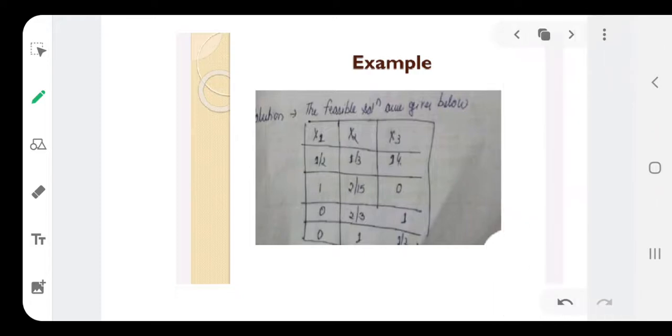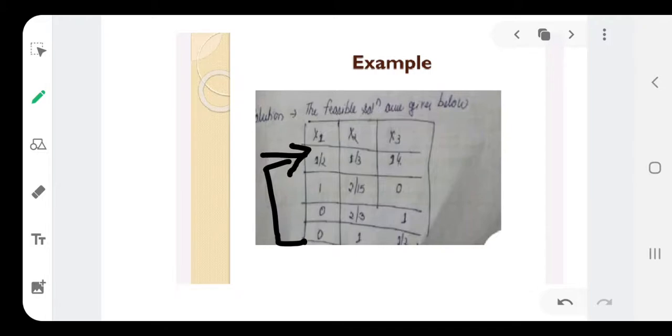In order to solve this, we are provided with feasible solutions. Here there are 4 solutions. Let us consider the first solution.